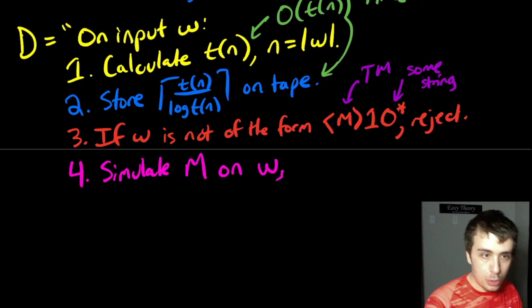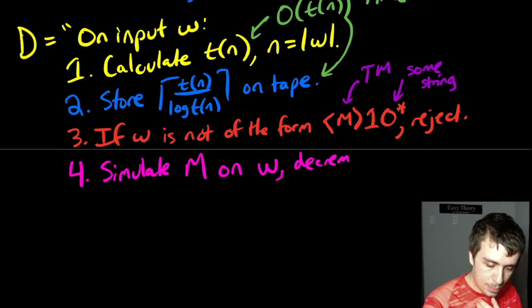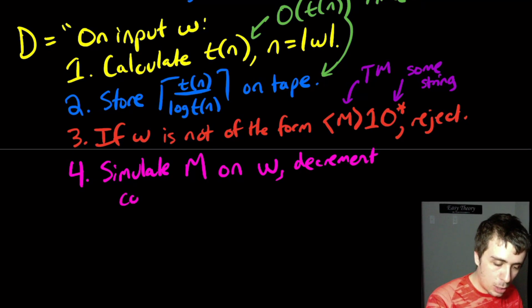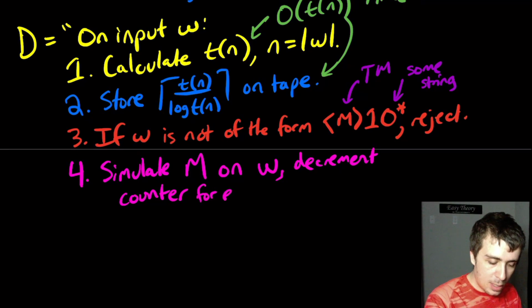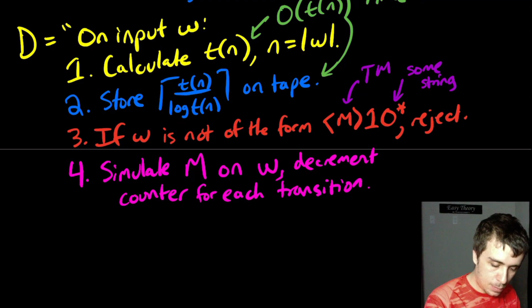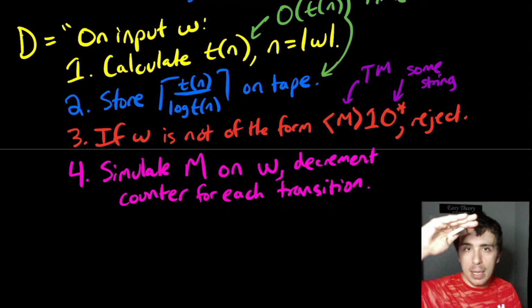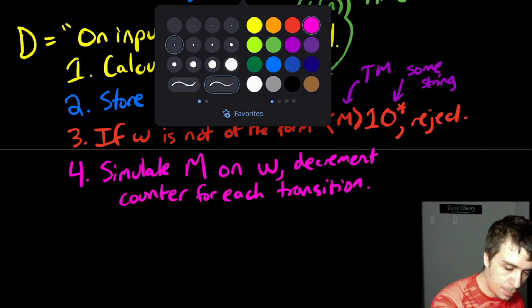We're going to decrement that counter, the one from step 2, for each transition. So for each transition taken on this simulation, subtract 1 from the counter.